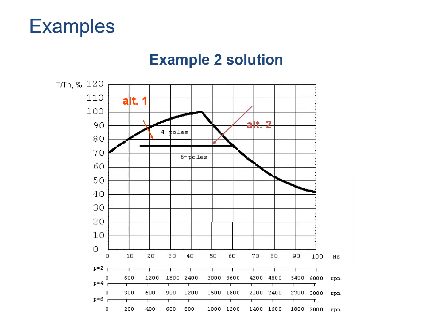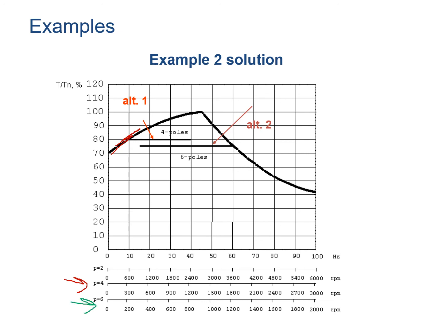And now we can use the same chart, and you see we have again this generic system curve, this one, and the two alternatives are for two different motors with two different pole numbers, 4 poles and 6 poles. So the 4-pole motor will be here, and the 6-pole motor will be there.